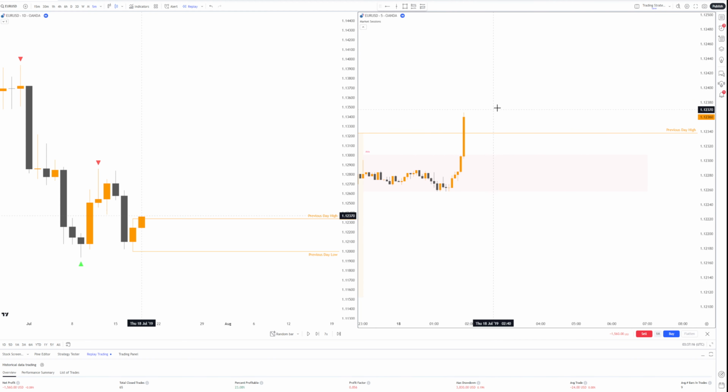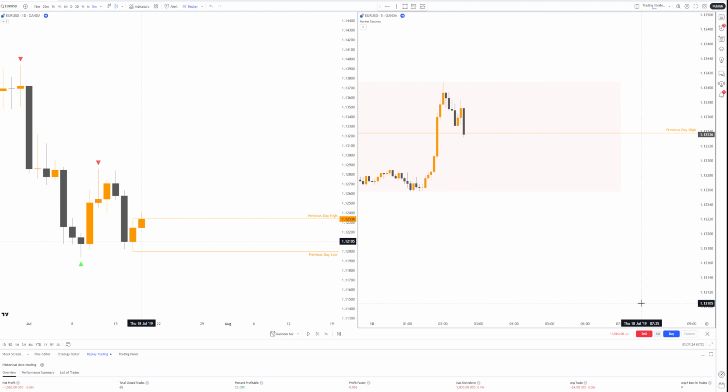Okay, broke above. Come on, give us that close below. Have we got it? Yes, we've got it. Okay, close below, sell, stop loss above the candle. Yep, TP. Let's go for 3, 2, 1.